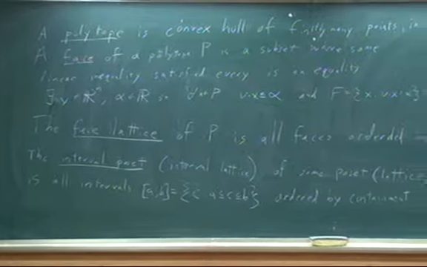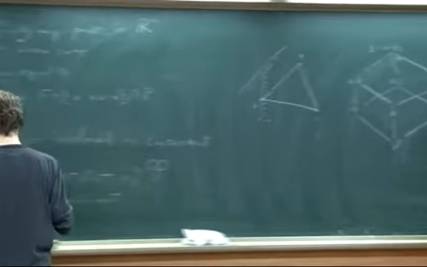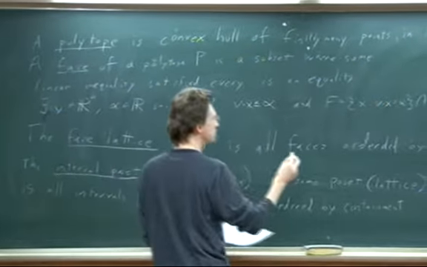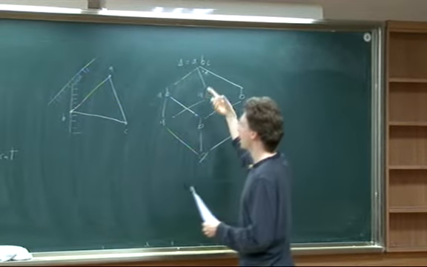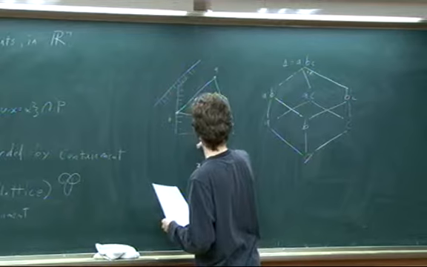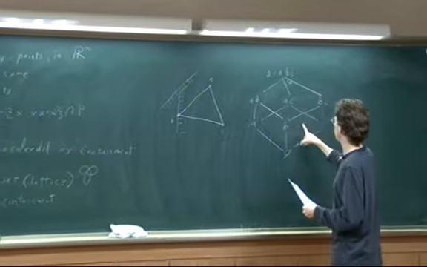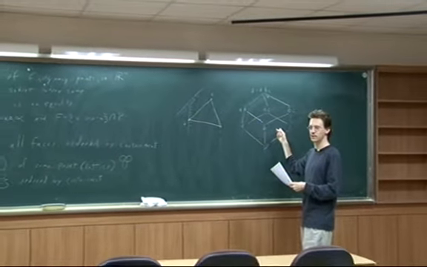So, if you look in general, the interval lattice, the thing you can notice here is this kind of looks like a cube, right? And in general, the interval lattice of any simplex will always be the face lattice of a hypercube.